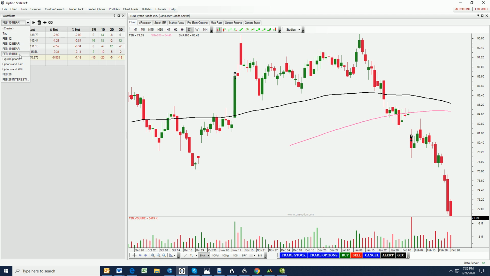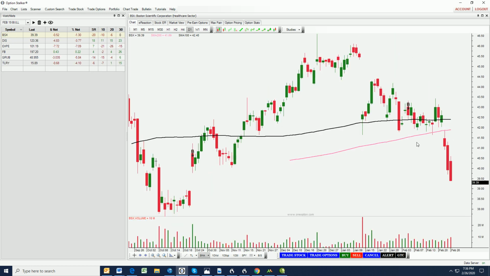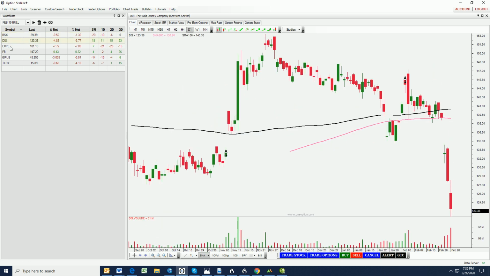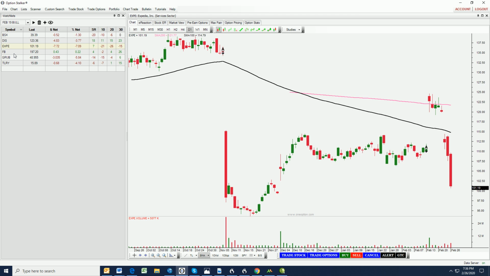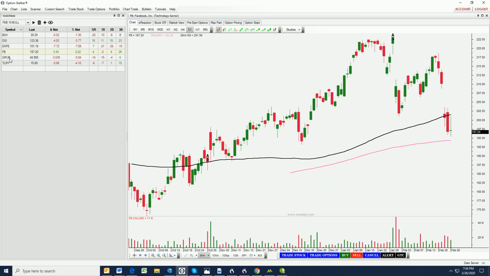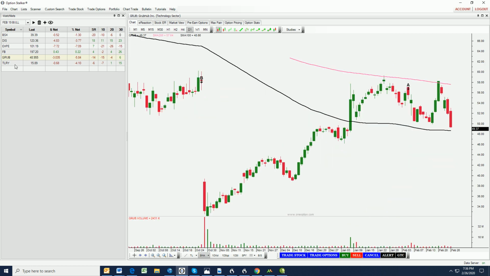And let's take a look at the bullish put spreads from February 19th. BSX was on the list. Ouch. Idiot. Disney. Idiot. EXPE. Yow. Super bad. Facebook. Nasty. Grub. Grub actually held in there pretty well.